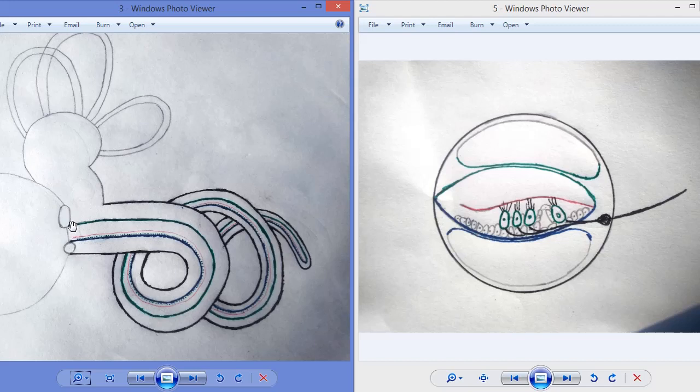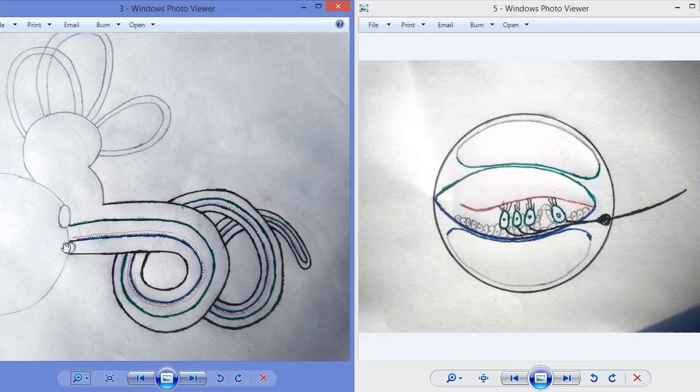So from the oval window, this vibration goes all the way to the helicotrema and gets back to the round window. This is one way up, the transmission of vibration up.